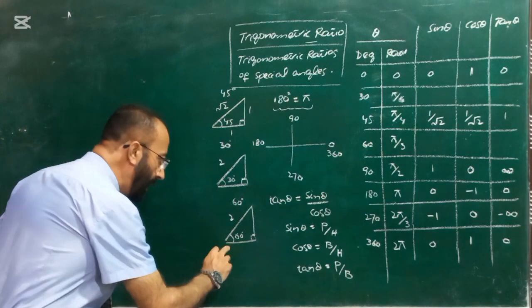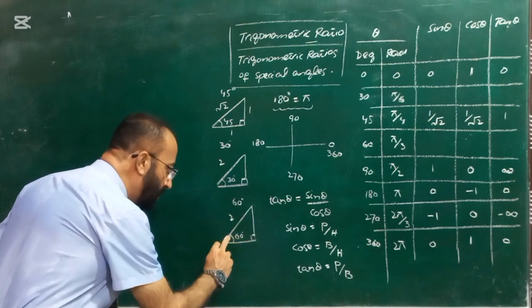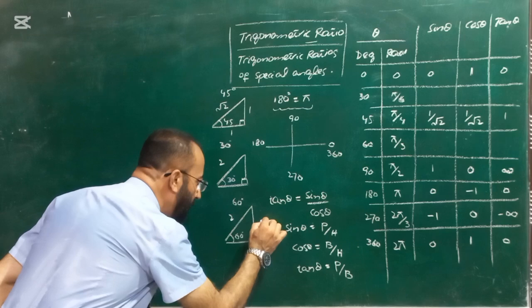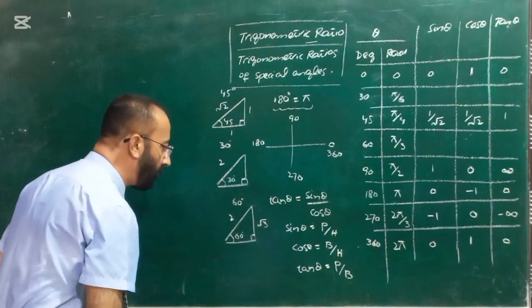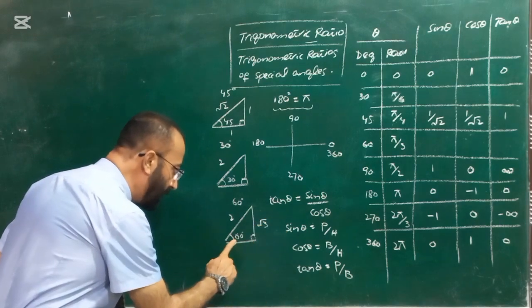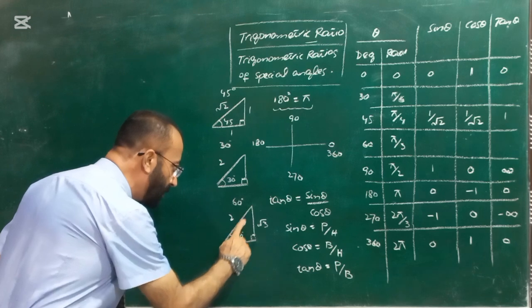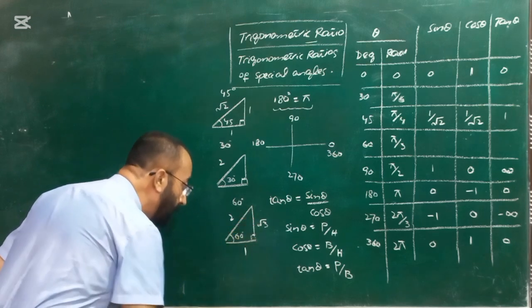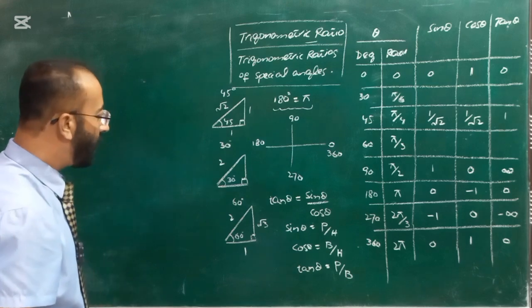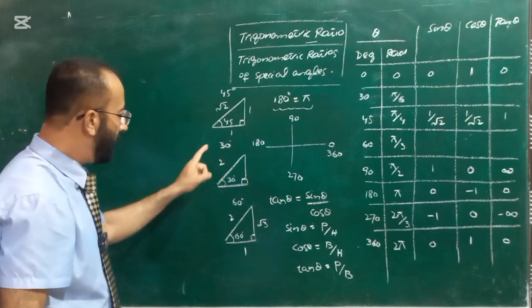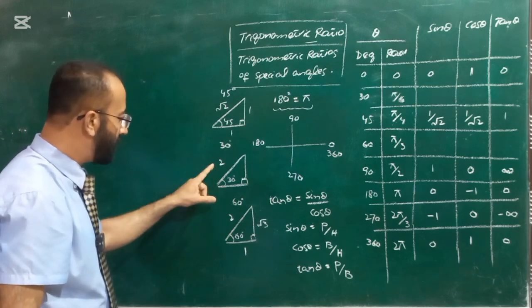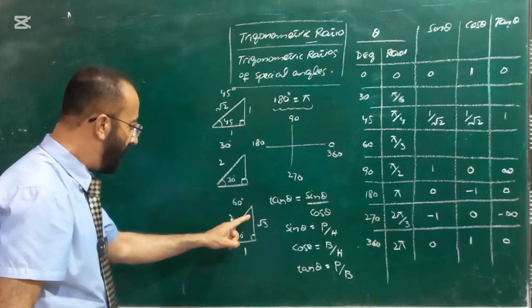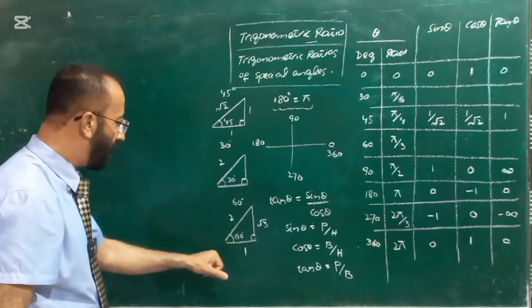And the side opposite to 60 degrees will be square root 3. Definitely if this is 90, this is 60, it will make 150 total, so the remaining angle will be 30 degree, and the side opposite to 30 degree is 1. So listen again, in 30 degree and 60 degree triangle, hypotenuse is 2, the side opposite to 60 degree is square root 3, and the side opposite to 30 degree is 1.